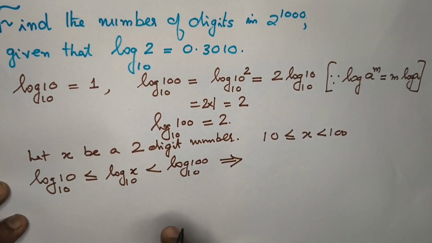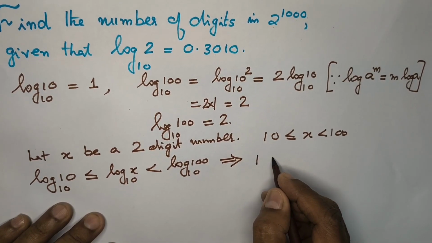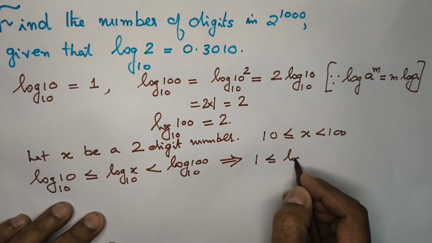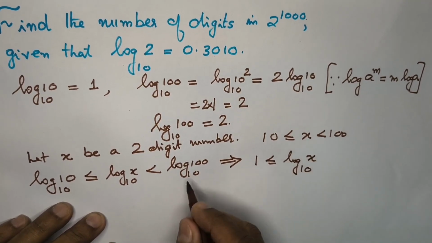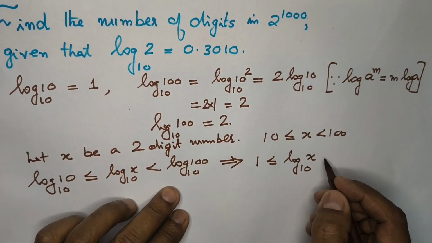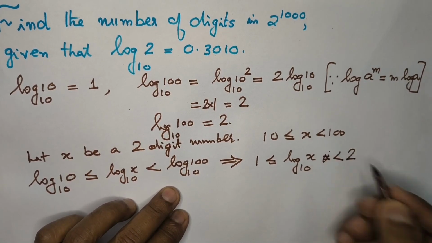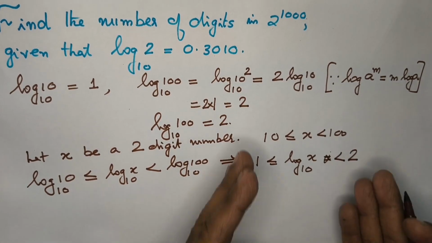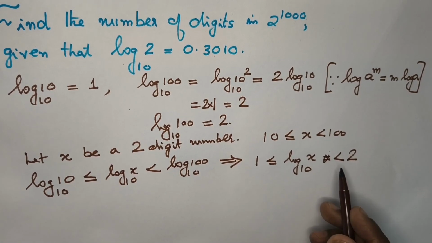This implies this is 1. Let me write log x to the base 10 as it is, and this one we have found to be 2. So this implies what? Logarithm of x to the base 10 lies between 1 and 2.